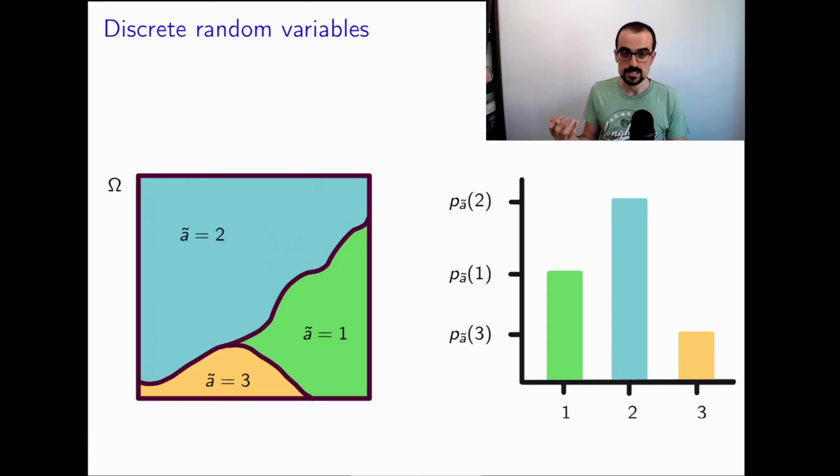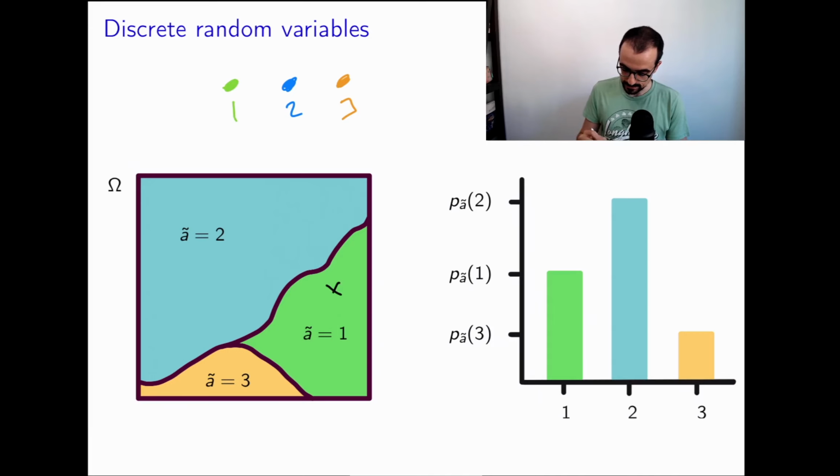Okay, so here is a picture of how we defined discrete random variables. We have this sample space, omega, and the idea is that each point in omega is mapped to one of three values. Okay, so there's 2, 3, and 1. Now I'm going to use another color to show the actual function.